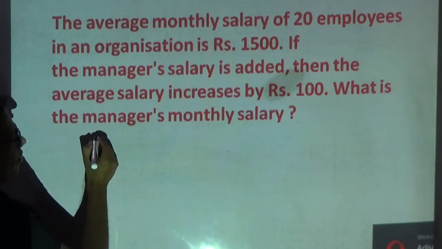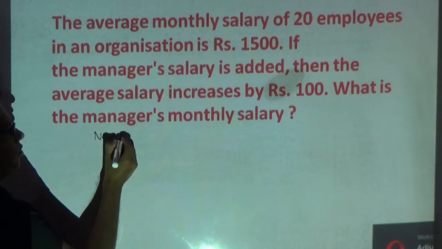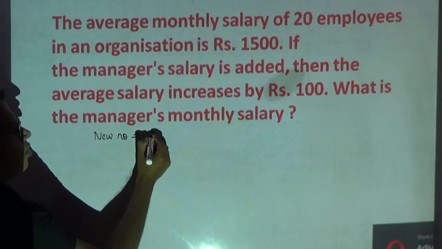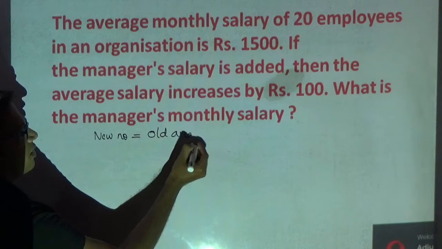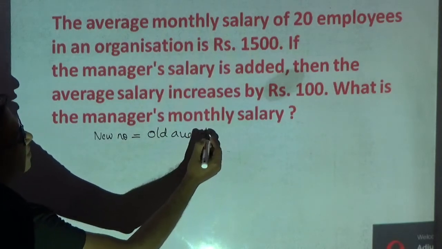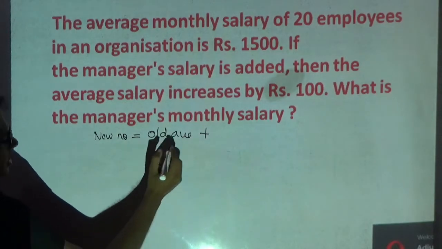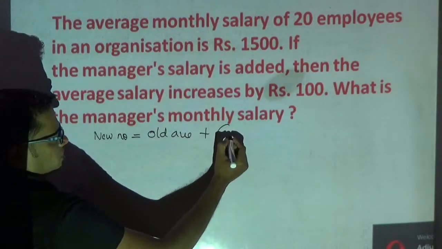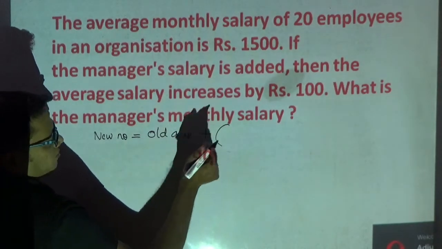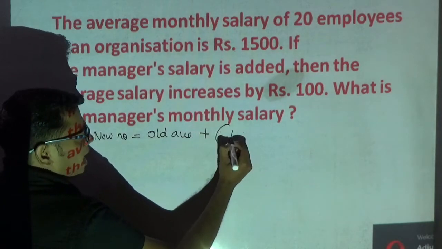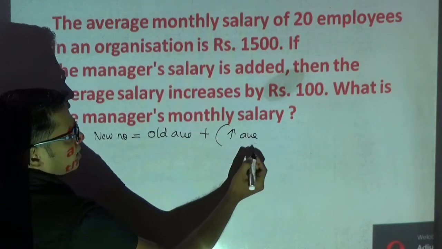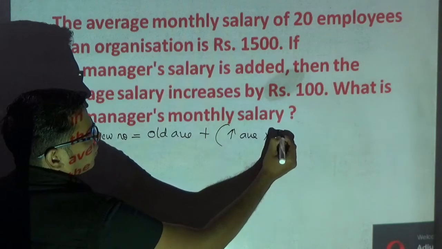The new number is equal to the old average plus or minus the change in average times the total new number of people. Since the average is increasing, it is the plus symbol: old average plus increase in average into total new number.